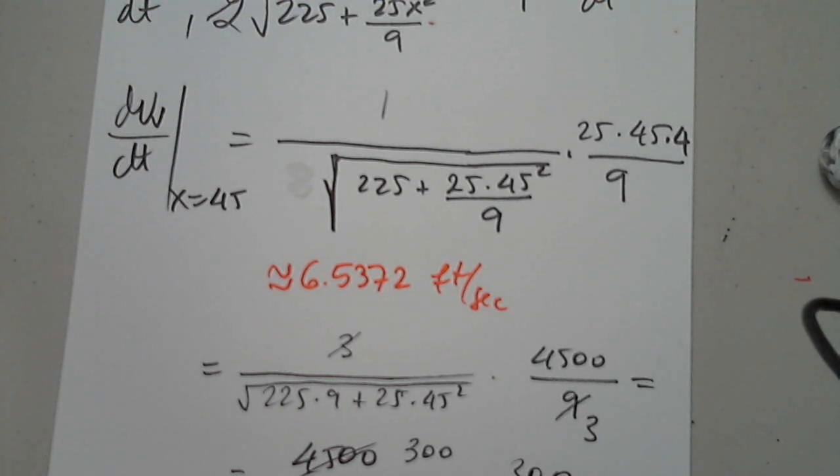I don't see. Let me check the calculations again. So 25 times 4, and that's 100, and that's 4,500, yes. And then divided by 9, yes. And then divided again by 225 times 25 times 45 squared divided by 9. I don't see any error anywhere.